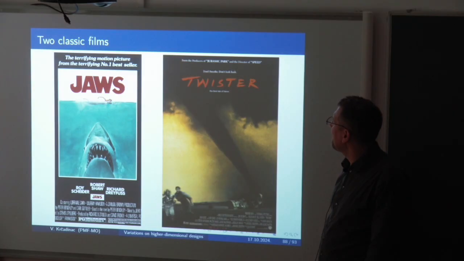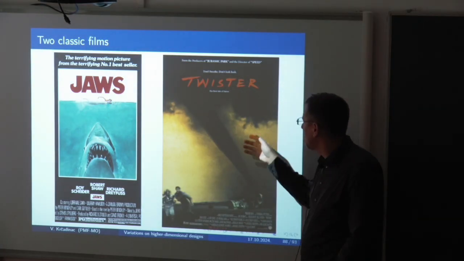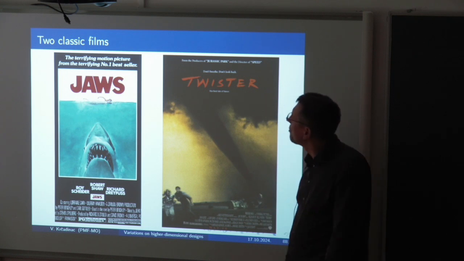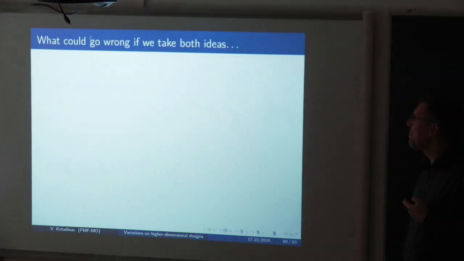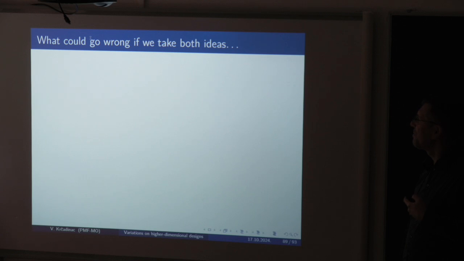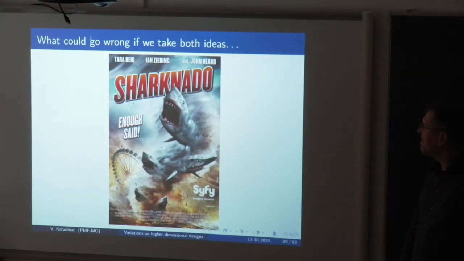And there's another famous disaster movie, Twister, about tornadoes. Now, there was a film where I think the line of thinking was, we should take both of these ideas and put them in one film, and then what you get is Sharknado.